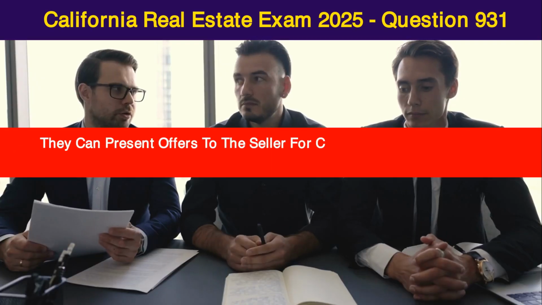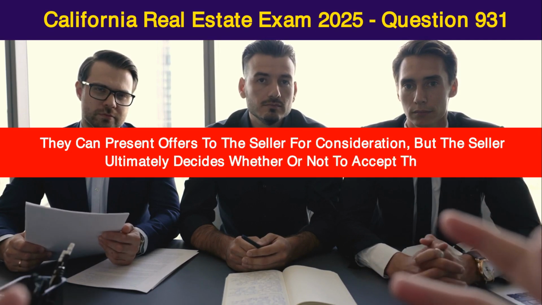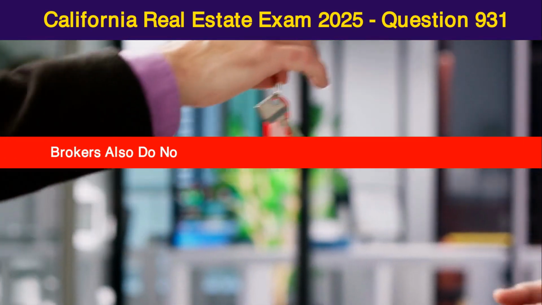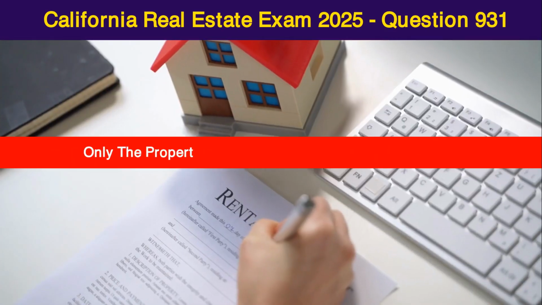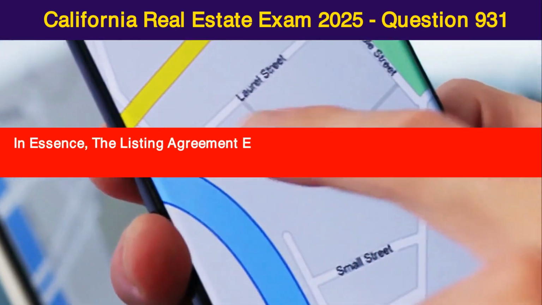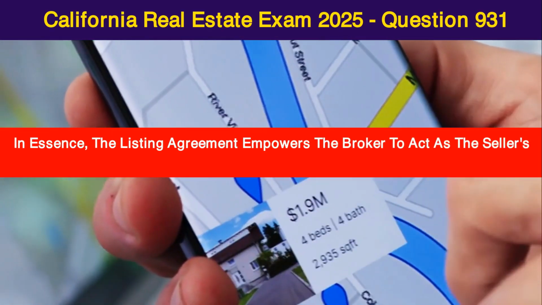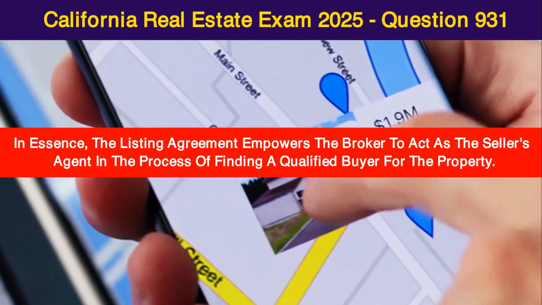They can present offers to the seller for consideration, but the seller ultimately decides whether or not to accept them. Brokers also do not have the authority to convey title to property. Only the property owner can legally transfer ownership. In essence, the listing agreement empowers the broker to act as the seller's agent in the process of finding a qualified buyer for the property.